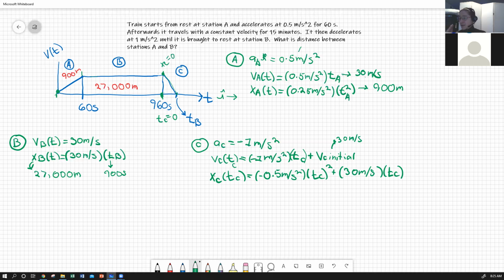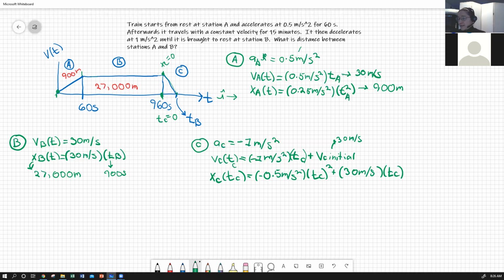I'm breaking each region up so its initial conditions are set at the beginning. Otherwise, these times would have to subtract the elapsed time to that starting point if I wanted a single continuous function for it, which is harder to deal with mathematically.